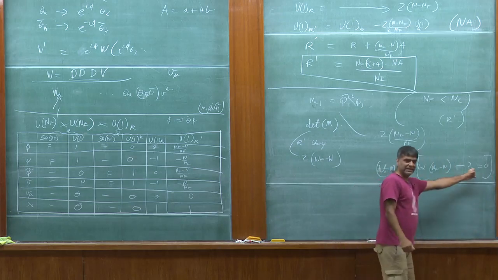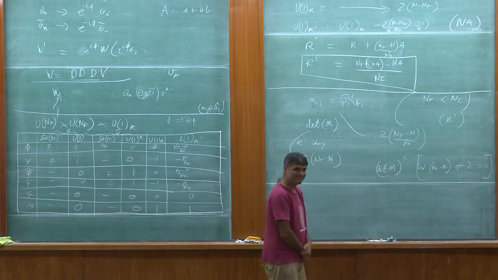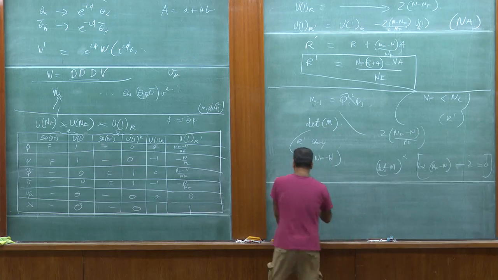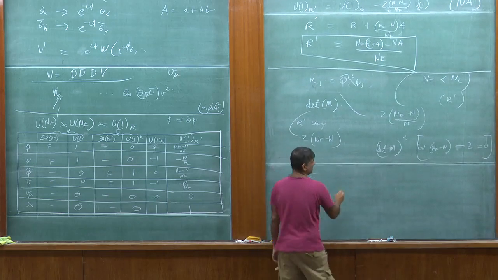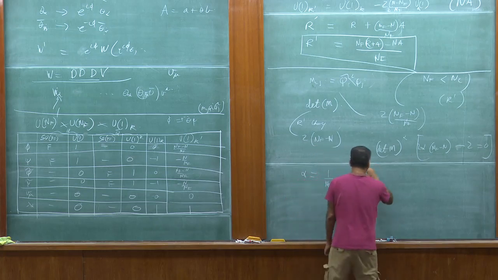Because d2 theta carries charge minus 2, and this is the charge of this thing. And so we conclude that alpha is equal to 1 divided by (Nf minus N), or equal to minus 1 divided by (N minus Nf). This is a better way of writing it because N is greater than Nf.